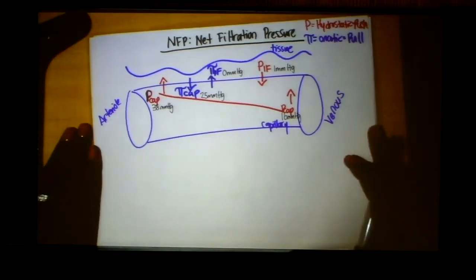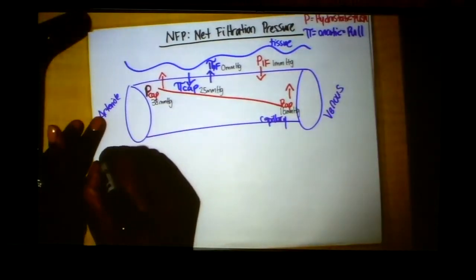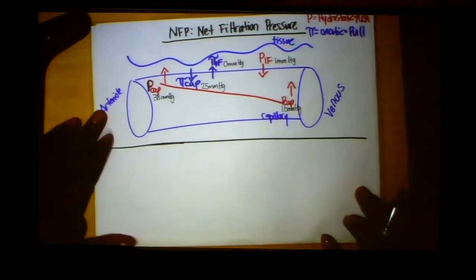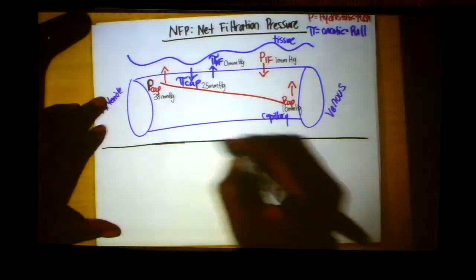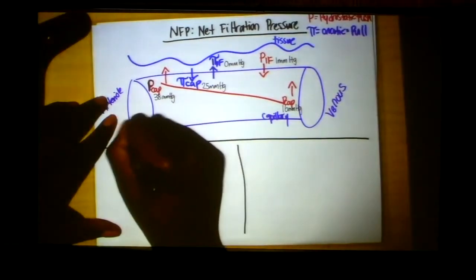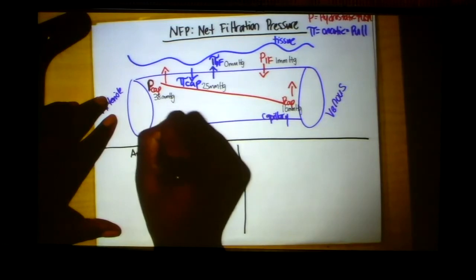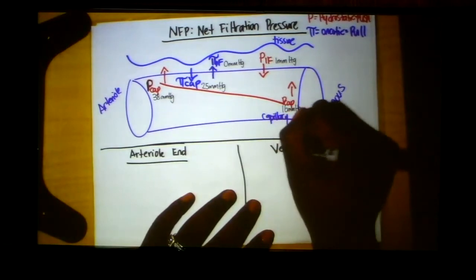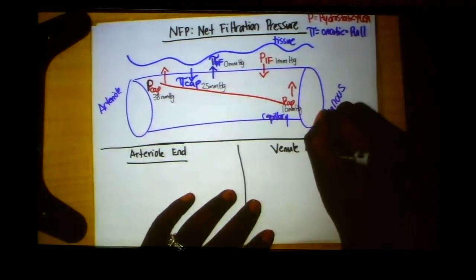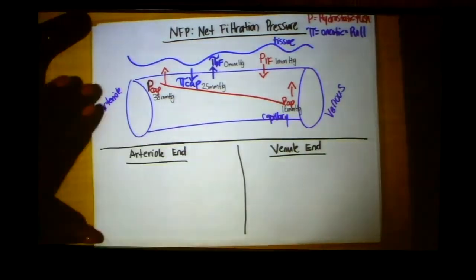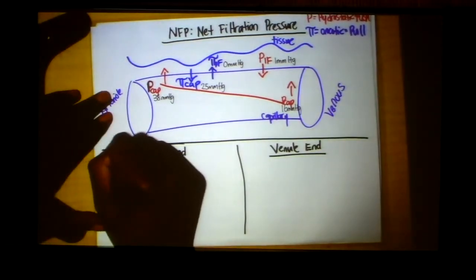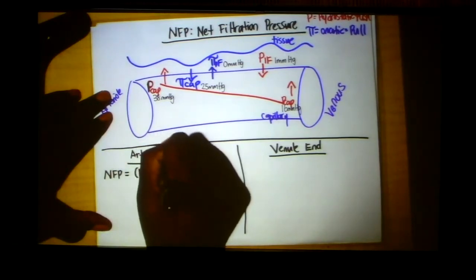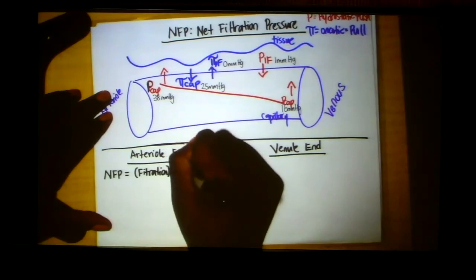All right, so let's do the math down here. Let's calculate these pressures out and actually see what the net pressure is and what the net direction of fluid movement is. Let's start by looking at the arterial end, and then we'll look at the venule end. The formula for net filtration pressure is filtration minus absorption.